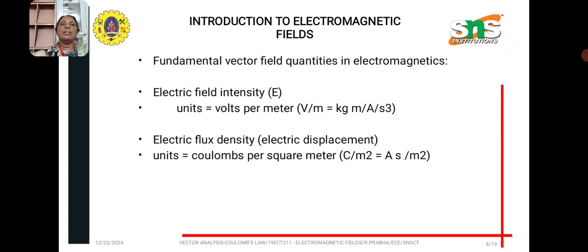The fundamental vector field quantities in electromagnetics, in the case of the electric field, are electric field intensity and electric flux density. The electric field intensity is measured in volts per meter, and electric flux density is nothing but electric displacement, and it is measured in coulombs per meter square.